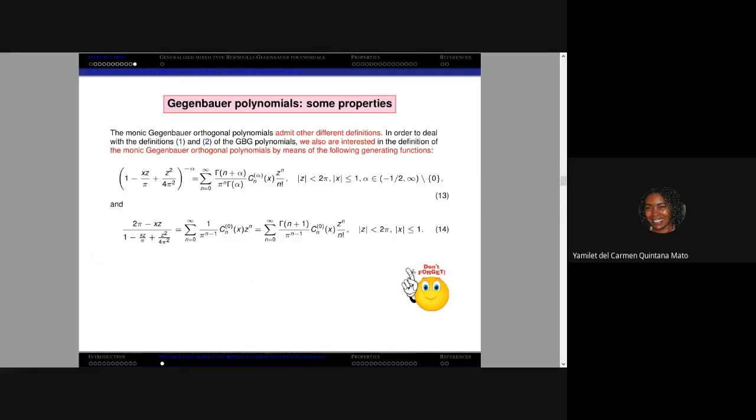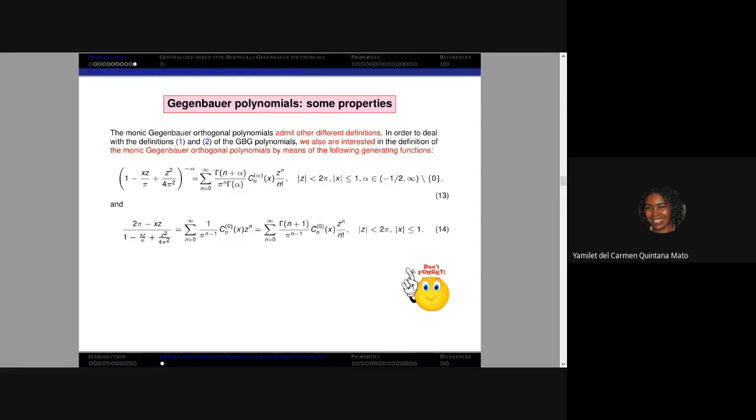In our case, in order to deal with the definition by generating function and power series, we are interested in the definition of the monic Bernoulli-Gegenbauer orthogonal polynomial by means of a generating function too.